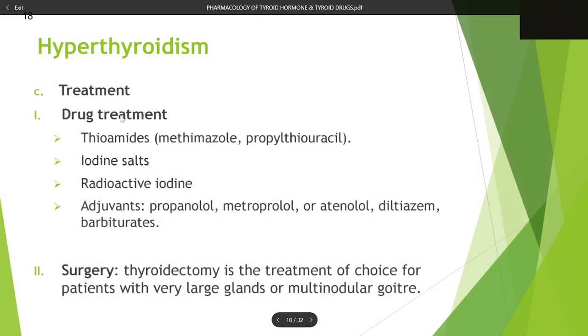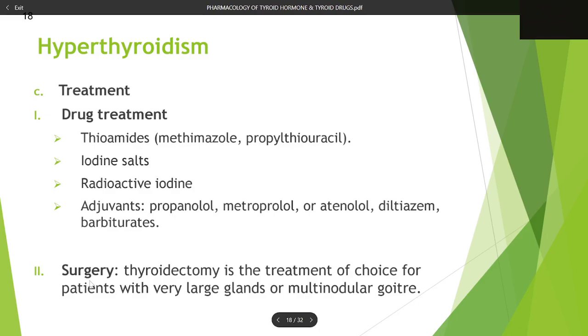Now, for the drug treatment, we give drugs such as thioamides, which include methimazole and propylthiouracil. We could give iodine salt. We could give radioactive iodine. Then adjuvant treatment, which includes propranolol, metoprolol, atenolol, diltiazem, barbiturates.